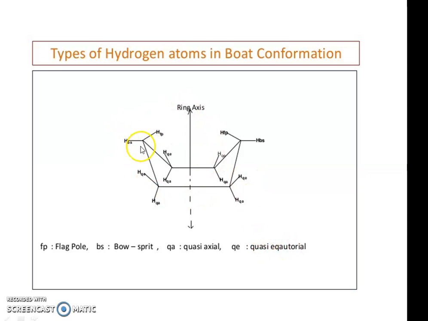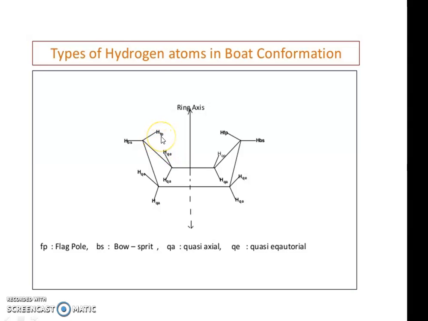So like this, all the 4 types of hydrogen atoms, a total of 12 hydrogen atoms present in both conformations, can be represented like this. You can compare this representation with the axial as well as equatorial. See, the flagpoles are 2.